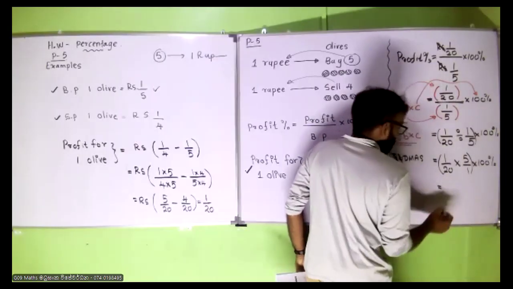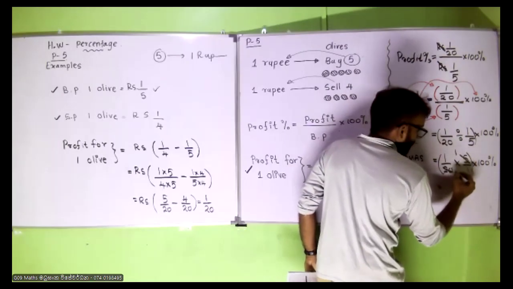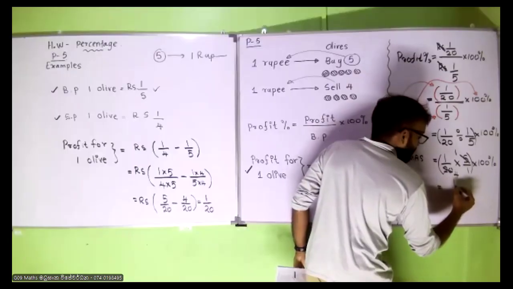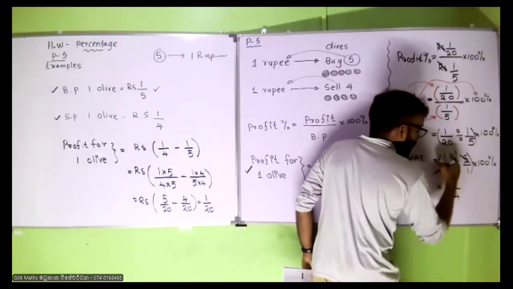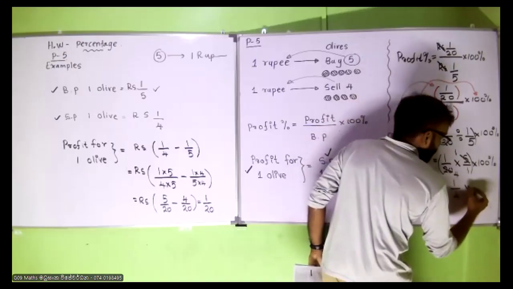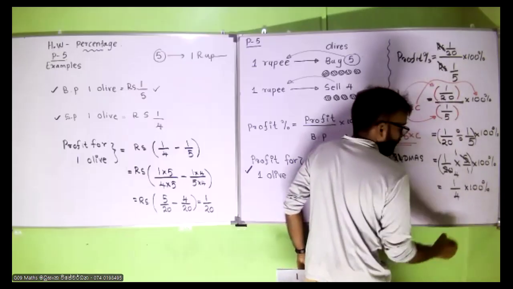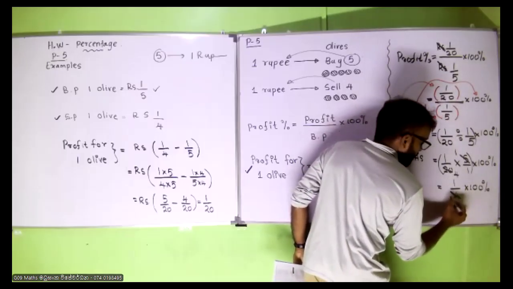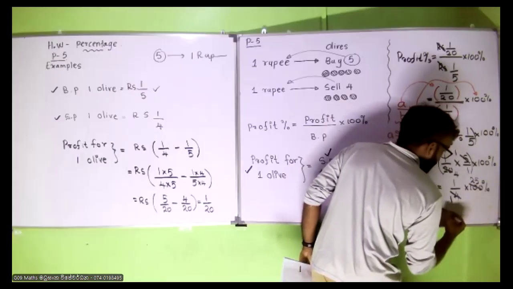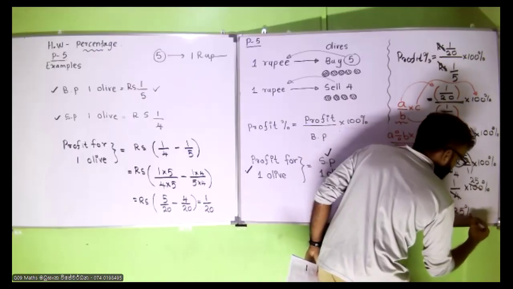So simplify this. 5 times 1, 5 times 4. Until you get a single fraction inside the bracket, you have to simplify. 1 upon 4. 1 times 1, 1. 4 times 1, 4. Right? Now you have to do the multiplication at the end. Denominator 4 times 1, numerator 4 times 25. Right? So you are getting 25% as the profit percentage.